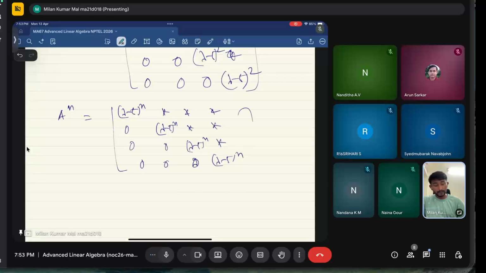This is the pattern. So whatever else is there doesn't matter. Here the number of non-zero rows is actually 4. Whatever power you take, that doesn't matter. If you do the row reduction process, you still can't make this term 0. Whatever you do doesn't matter. In the row reduction, the number of non-zero rows is 4. So therefore, the rank is actually 4.